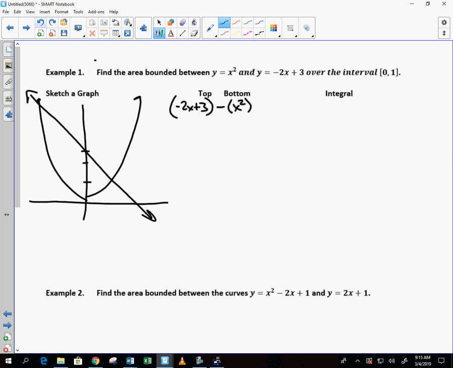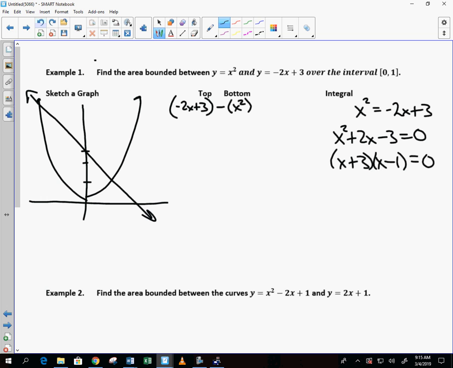Thank you. x squared equals negative 2x plus 3. How are you going to solve that? x squared plus 2x minus 3 is equal to 0. Now what? Factor: x plus 3, x minus 1 equals 0.